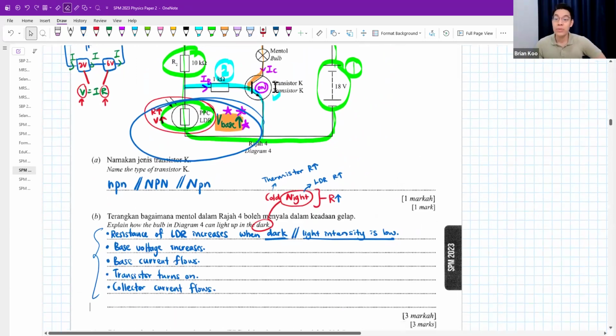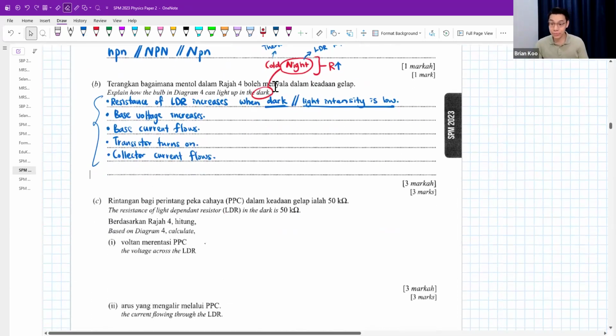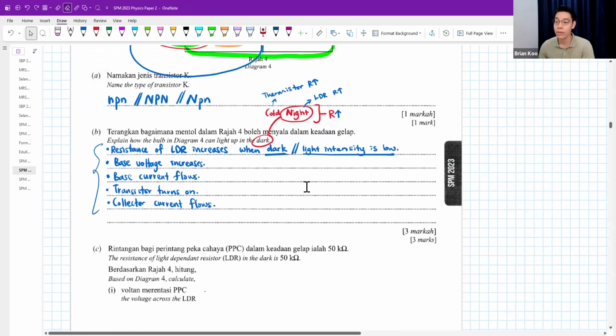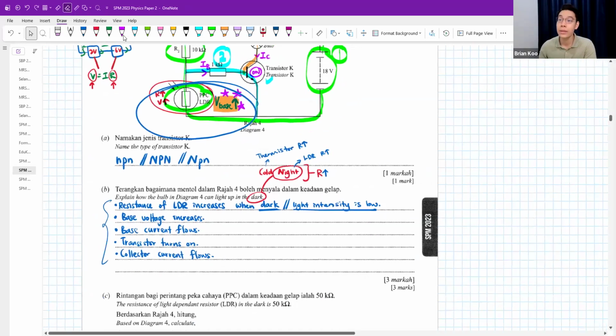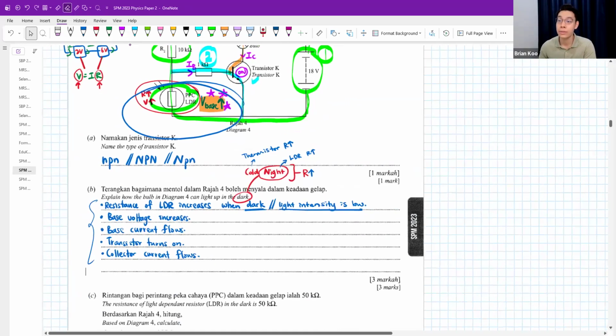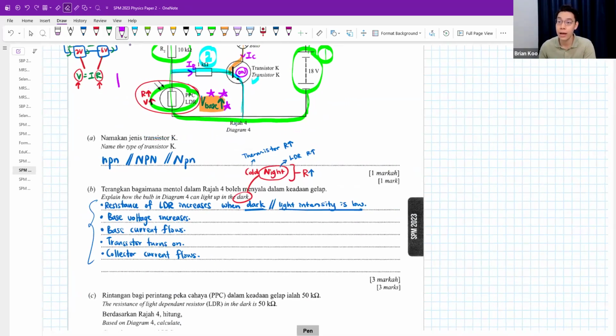Okay, we move on to part C. The resistance of the LDR in the dark is 50 kilo ohms. Calculate the voltage across the LDR. Okay. Right now, they say voltage of LDR, 50 kilo ohm.